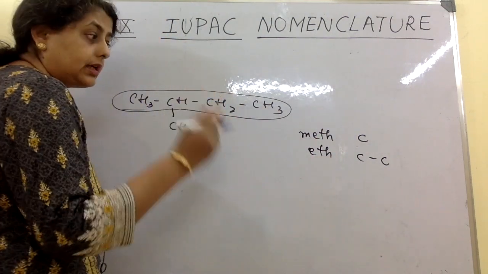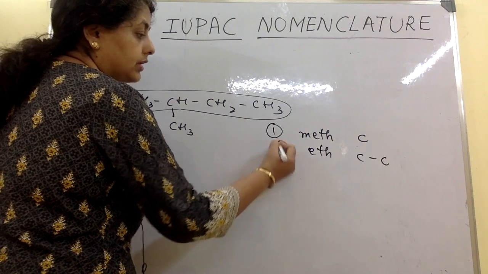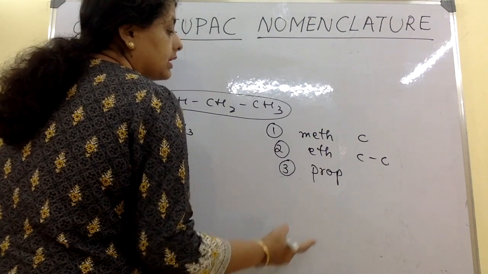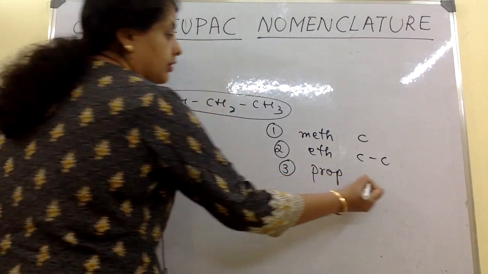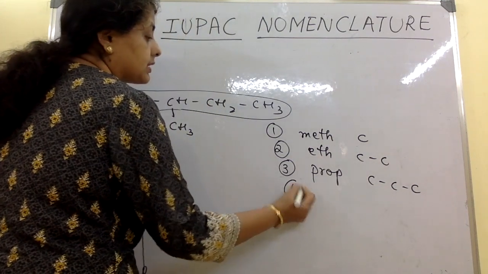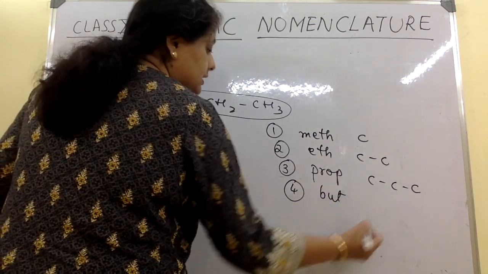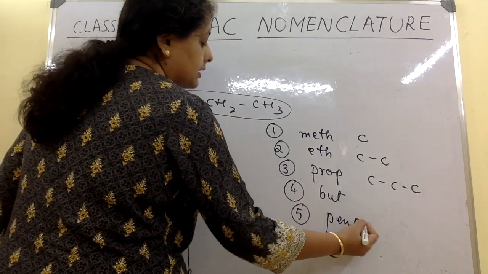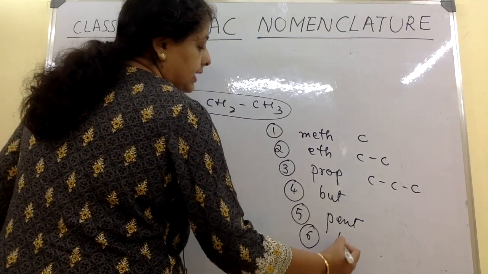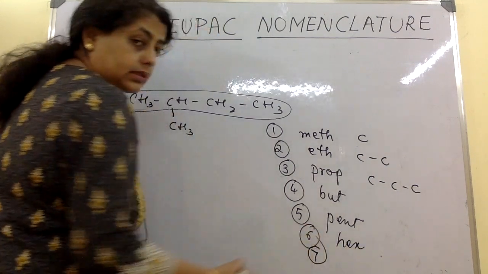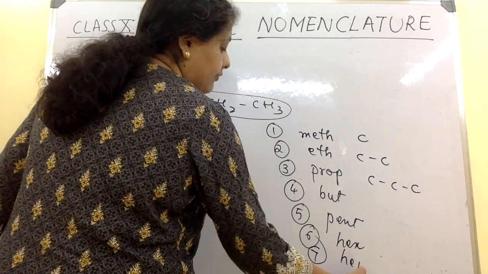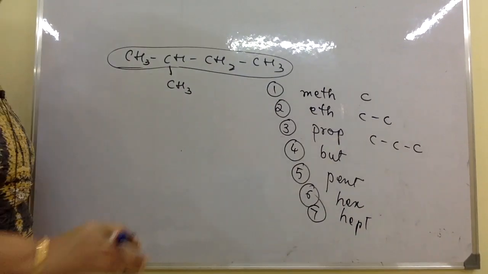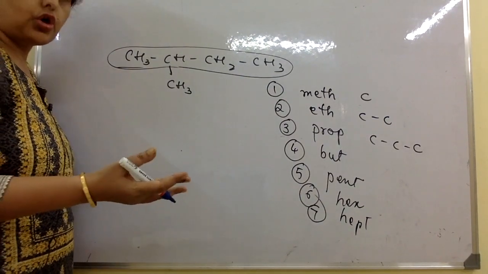Three carbons is prop. Four carbons is but, as you'll see when I do the naming. 5 carbons becomes pent, 6 carbons becomes hex, and 7 carbons becomes hept. We don't actually need beyond that. Then you have oct, and after oct you have non and dec.